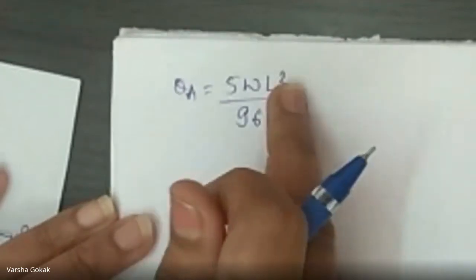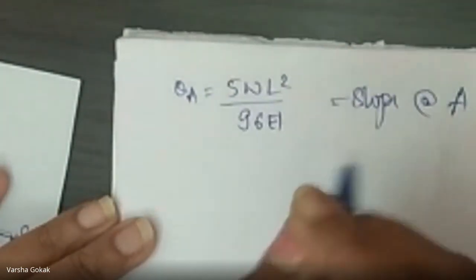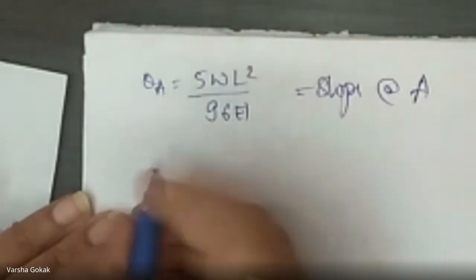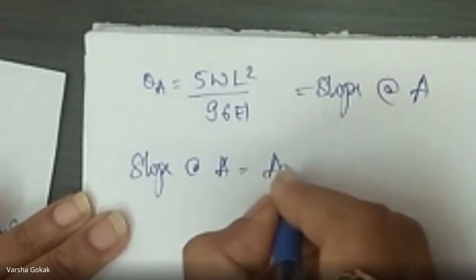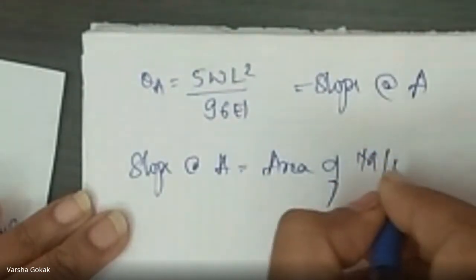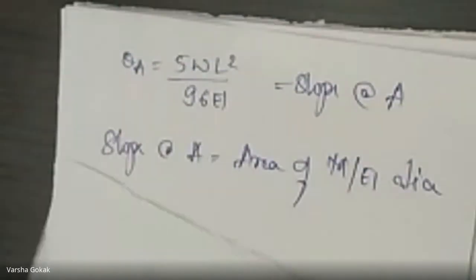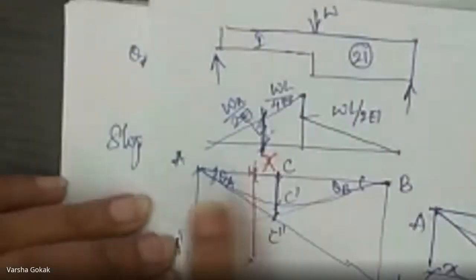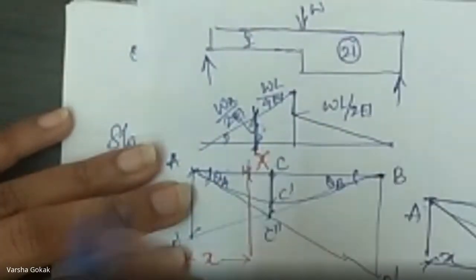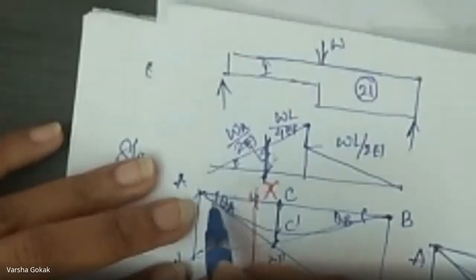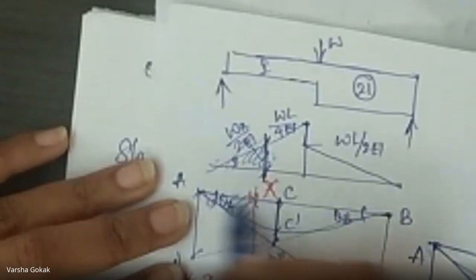Now, theta A is nothing but the slope at A. If I want to calculate slope at A, what is the formula? Slope at A is got by the area of the M by EI diagram. Correct? Now I will write an equation for slope at A. For the M by EI diagram, I will take this area of the bending moment diagram, only this area because it is at a distance x.